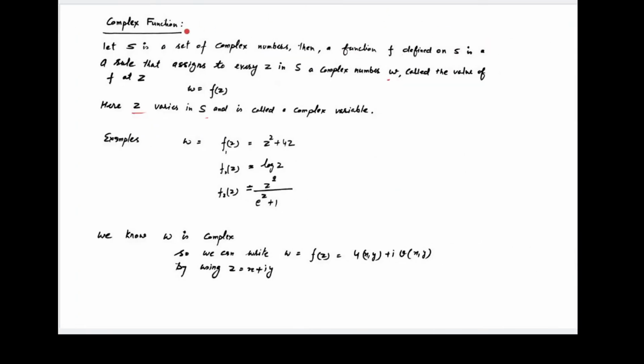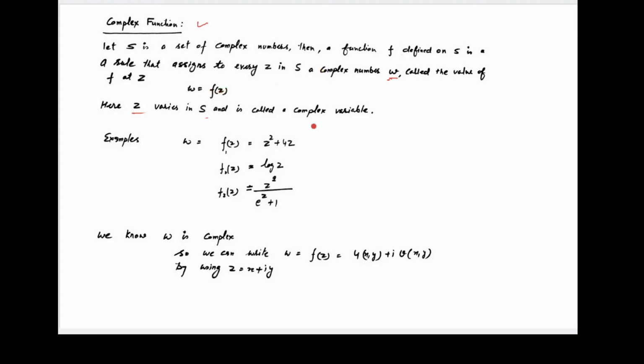Next is complex function. If S is a set of complex numbers, then a function f defined on S is a rule that assigns to every z in S a complex number w, the value of f at z, w is f of z.